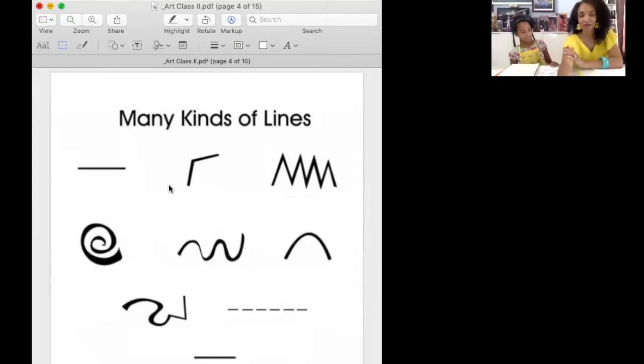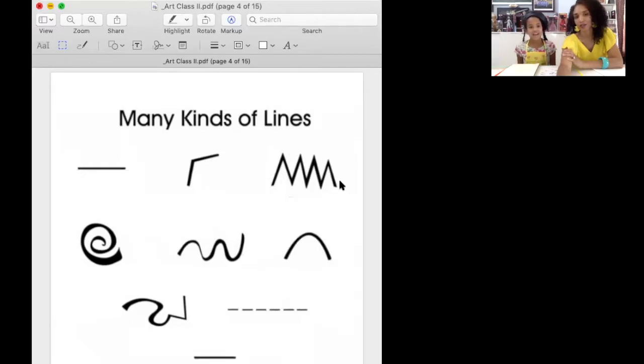What about this funky looking one? It could be an angle, but that's not a type of line. It is an angle, but what type of line is it? A bent line. I bet Nkosi is watching and he knows that this is a bent line.